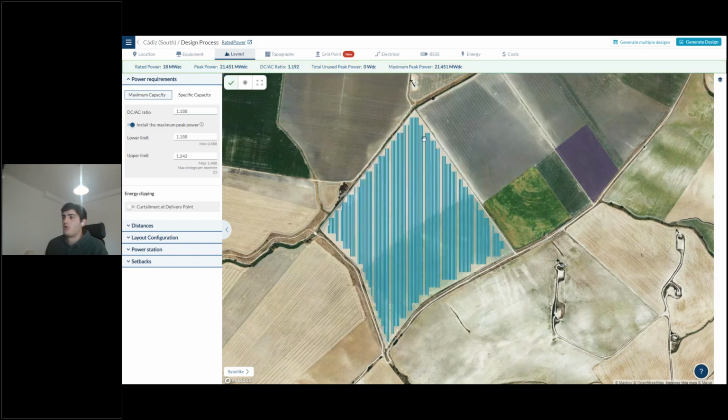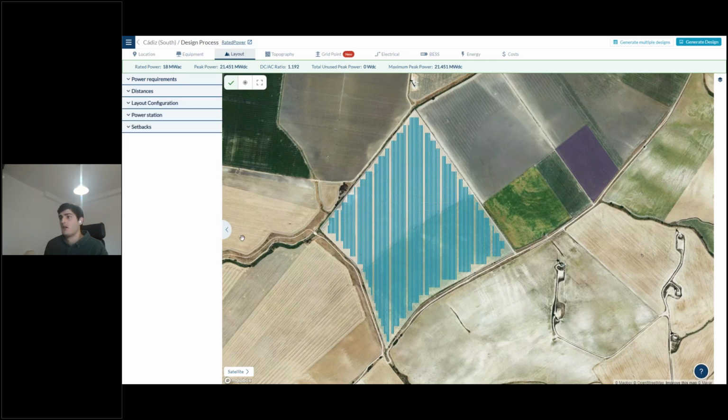And then we will get the whole plant with inverters all working within this range that we have defined. The objective that the algorithm is following is that it will try to install as many inverters with this ratio as possible, but if it's not possible, it will go for this other ratio.